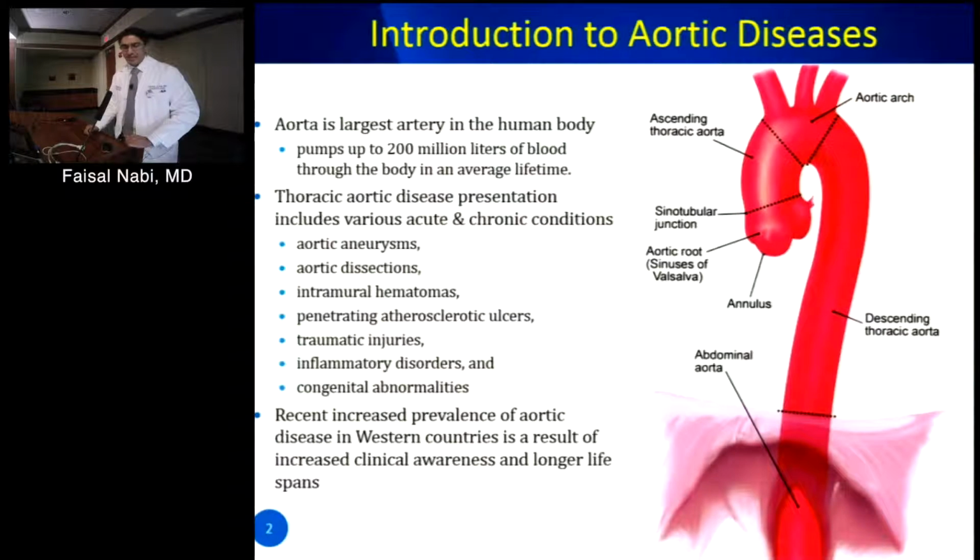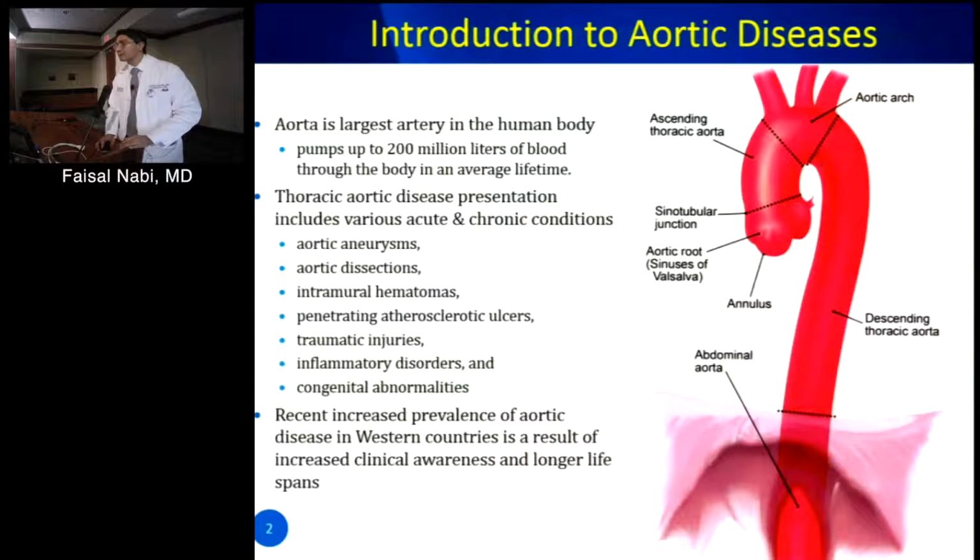I won't be discussing inflammatory diseases, and I'll mention one congenital abnormality. The main thing to know is that awareness of aortic diseases is becoming more prevalent in Western countries, thought to be because of advanced imaging modalities which can now detect a lot of these diseases, as well as the longer lifespan.